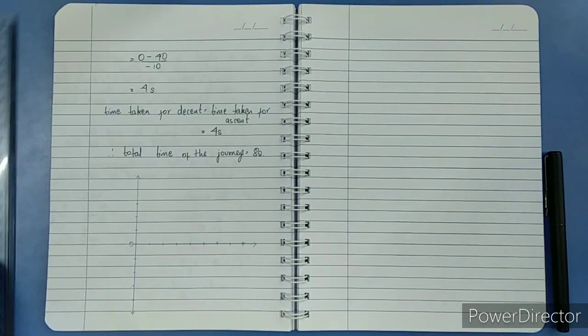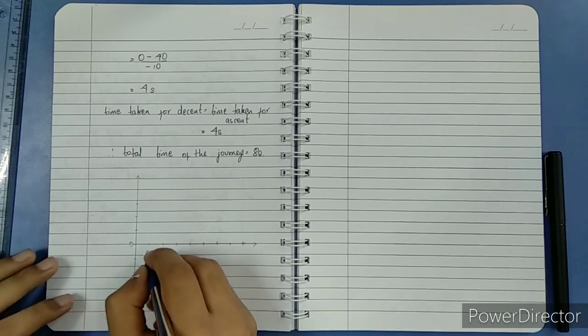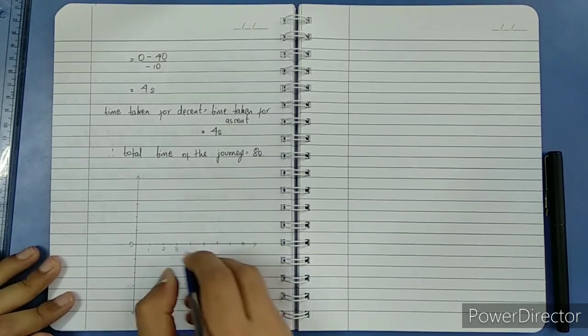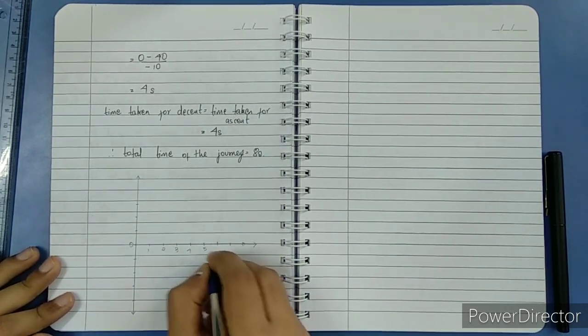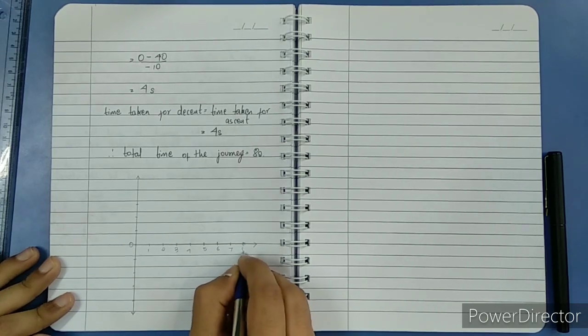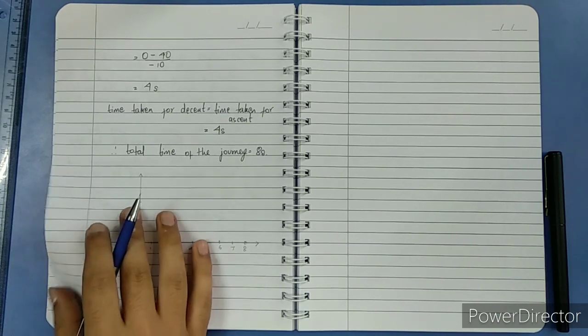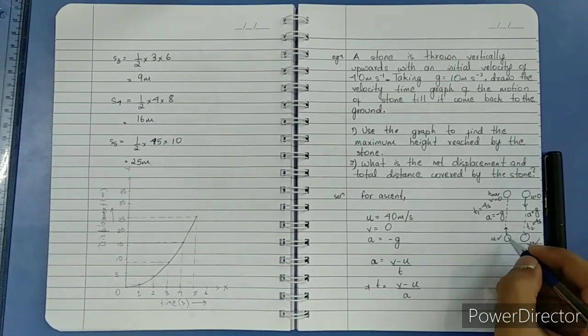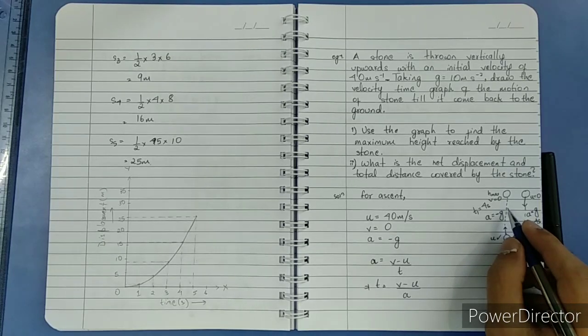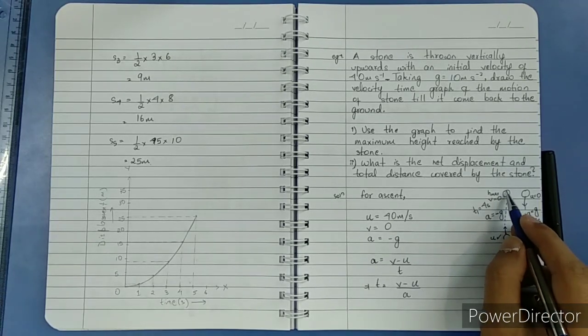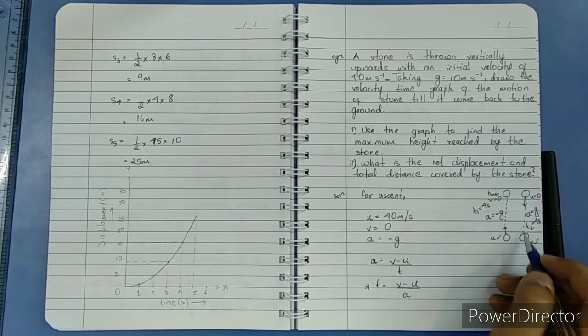Time is 1, 2, 3, 4, 5, 6, 7, 8. Why are we having negative velocity? Because it was thrown vertically upwards, it reached a maximum height, then it started coming downwards.